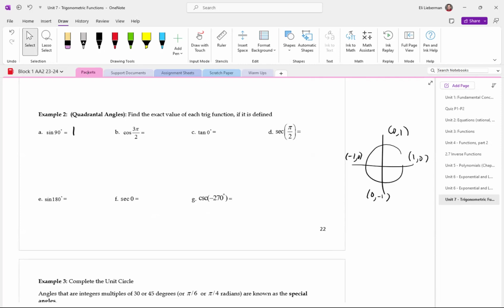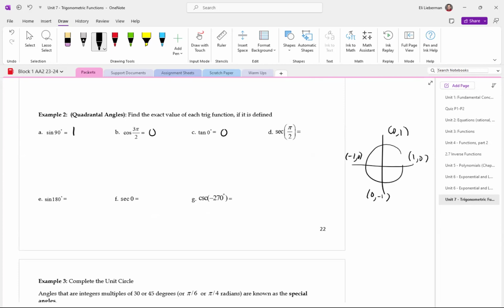Can you show me the cosine of 3 pi over 2? It is 0. Nice. We're able to get tangent of 0, also 0. How about secant of pi over 2? Now be careful with this. Secant is defined as the reciprocal of cosine.